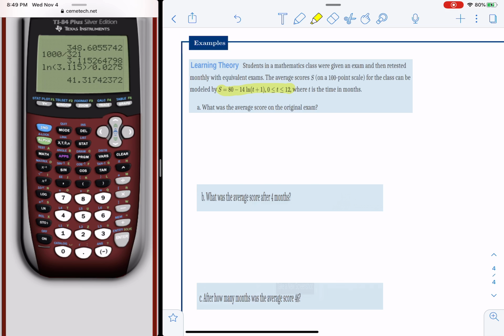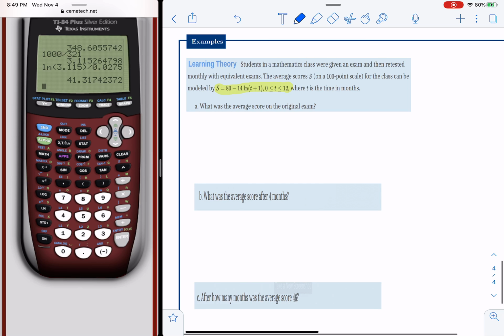We want to know the average score on the original exam, the exam when we first administered it. That would correspond to the average score at time t equals 0.